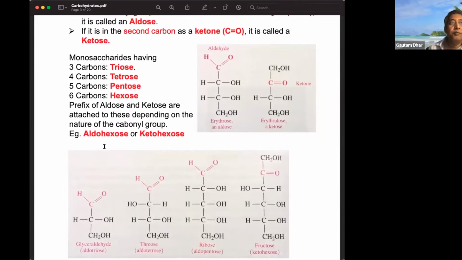The prefixes aldo and keto are attached depending on the nature of the carbonyl group. So you can say aldohexose or ketohexose, which tells you that this is a 6 carbon sugar containing an aldehyde, or a 6 carbon sugar containing a ketone.